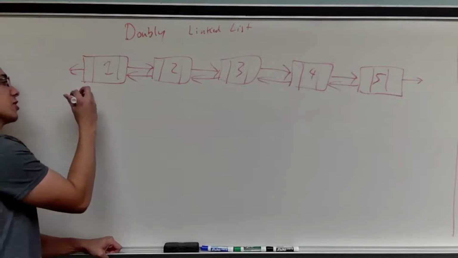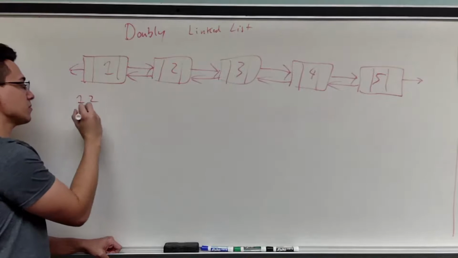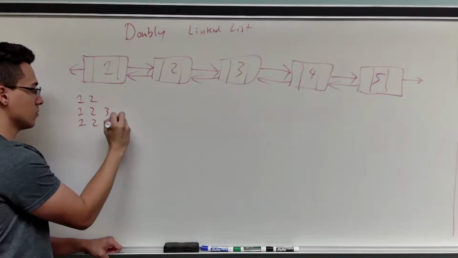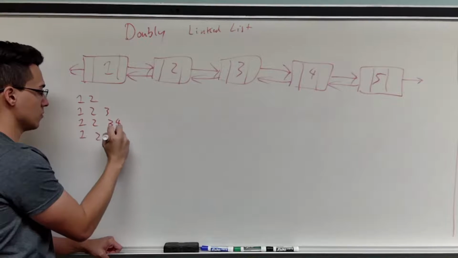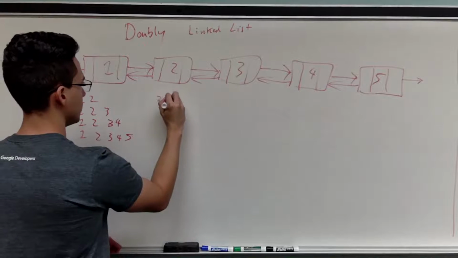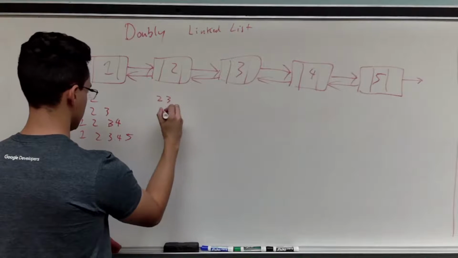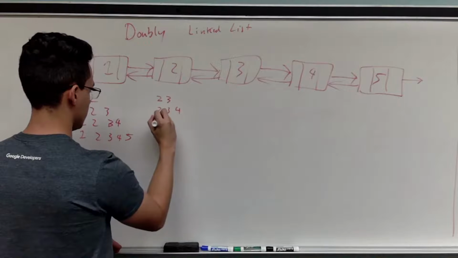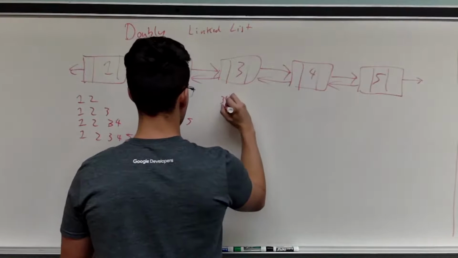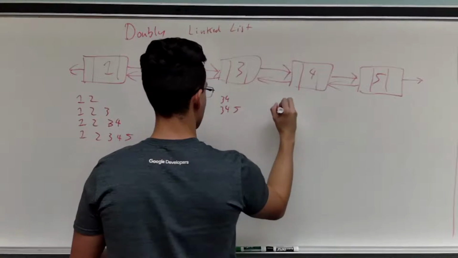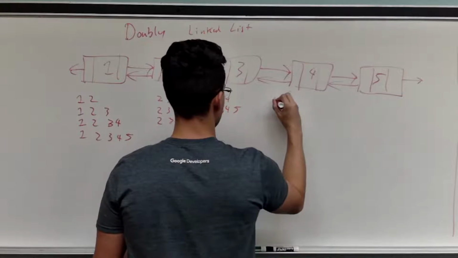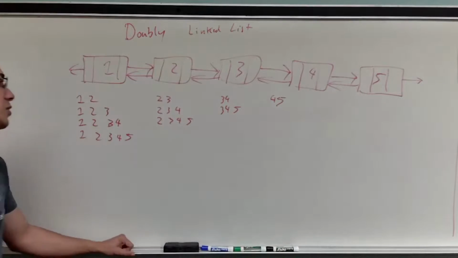So here's an example of one. 2, 3, 4, 5. Literally just gave you the answer.